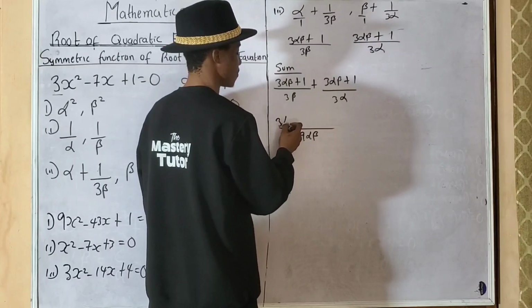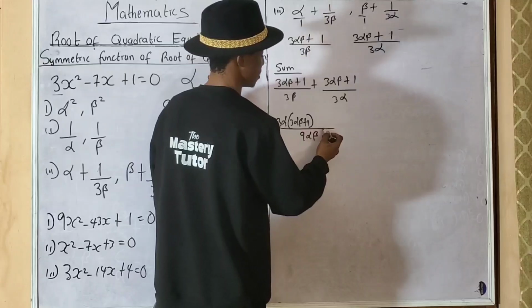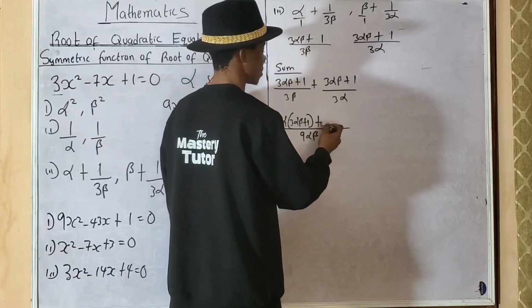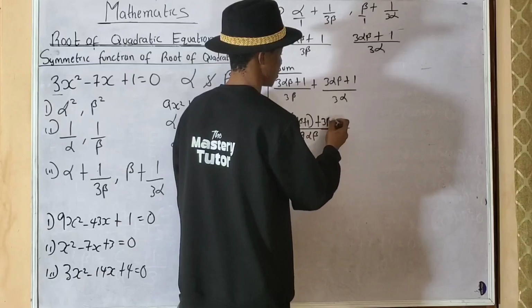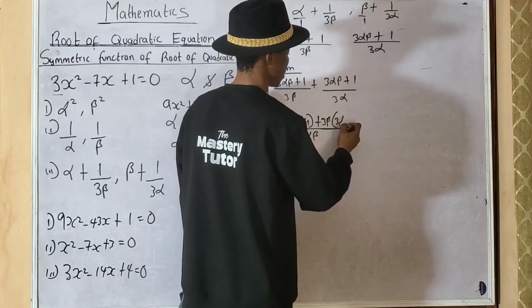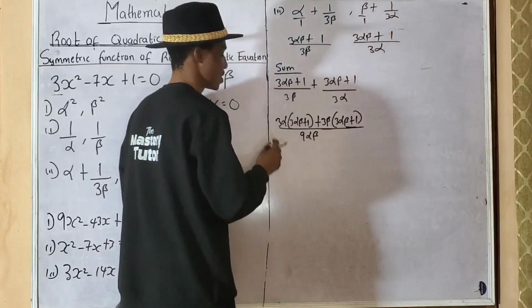I'm going to have 3 alpha multiplied by (3 alpha beta plus 1). Now this is plus 3 beta multiplied by (3 alpha beta plus 1). Okay? So here, multiply.